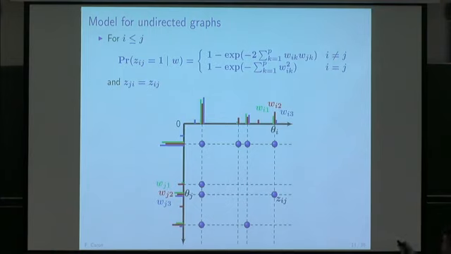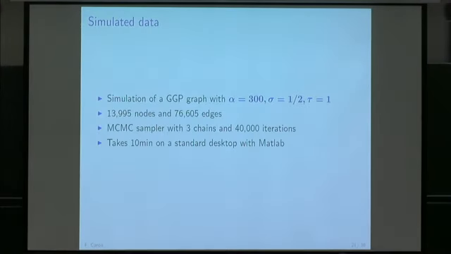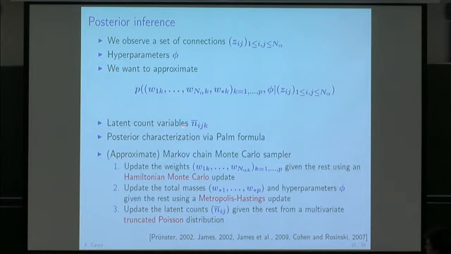So you could use a different link function, I guess. The issue is how do you get scalable inference from that? Here, why do we get an algorithm that works well? Because we introduce a latent count variable. So you have a latent representation as a multigraph where you have counts on the edges, and those counts are Poisson. Because it's all conditionally Poisson, you get this nice algorithm. So I don't know if we could get the same behavior with different link functions.